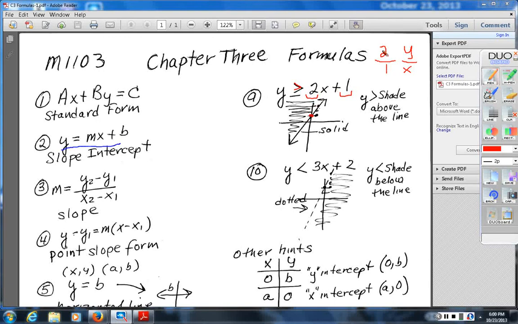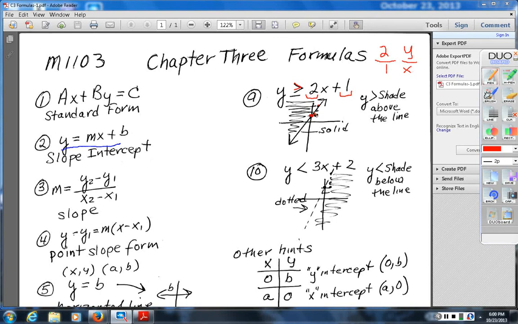And it's a positive 2 over 1 for the slope. So the rule is you go over 1, up 2, and that's your second point. So right here, this portion of the line and the whole line has the slope of 2 over 1. That is, it's going to go over 1 unit for run and up 2.